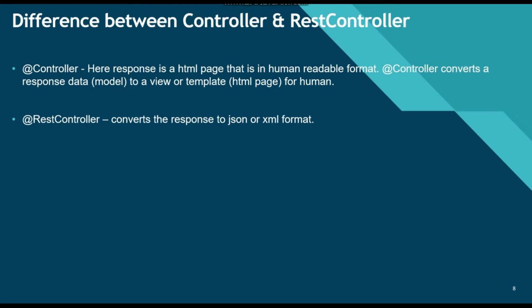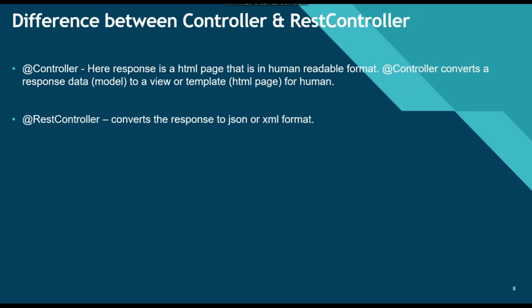As I said, with the controller annotation, the response is always an HTML page, that is for the human readable format. Because the controller annotation converts the response data, that is the model, to a certain view or a template, maybe an HTML page or JSP page, and that is in the human readable format.